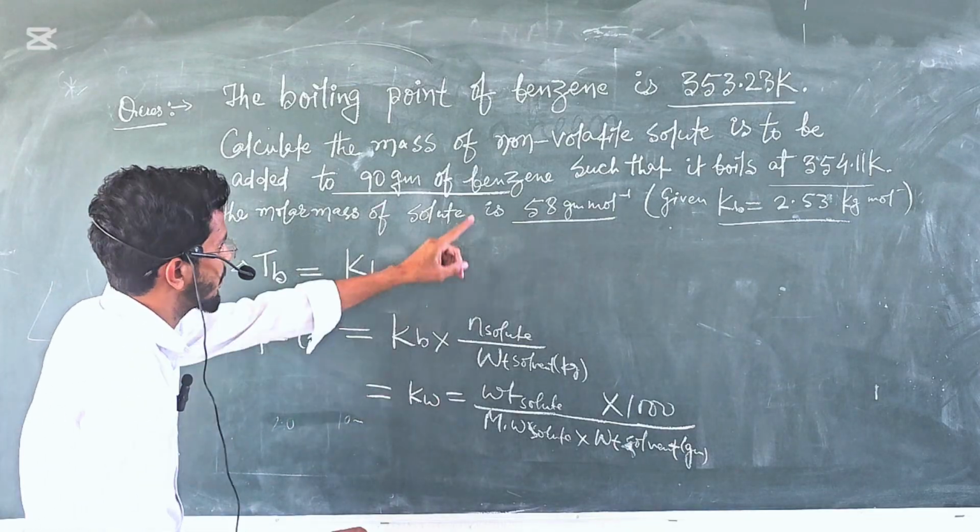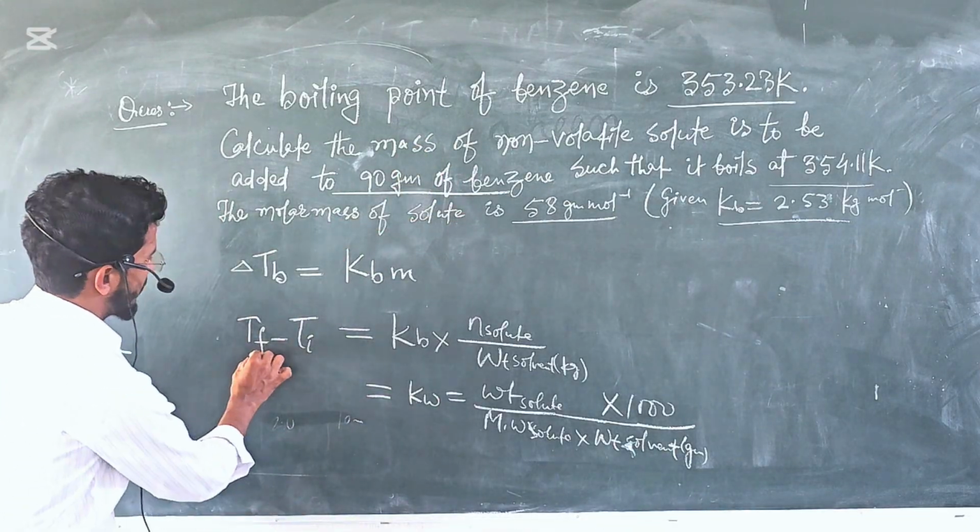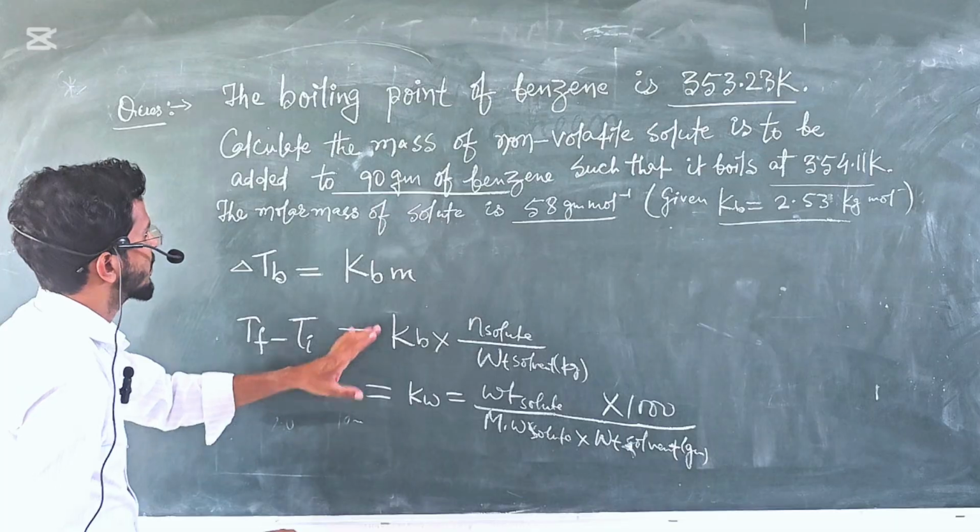Now we will put the value of each: delta T, Ti, Kb and weight.